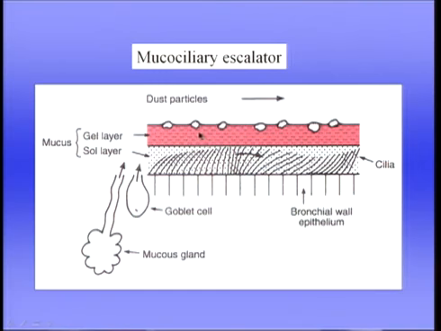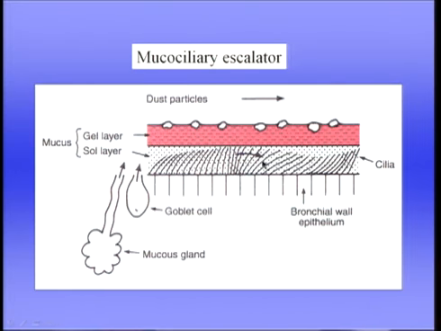The dust particles fall onto the mucus layer, they're trapped there, they can't get off, and they're moved up, in this case from left to right, from the lower parts of the lung up to the epiglottis.